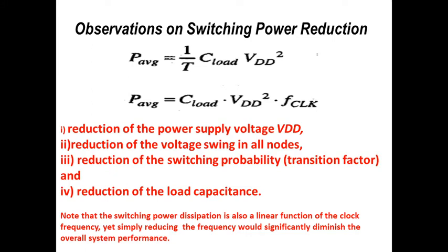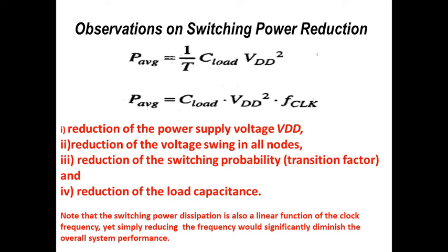Observing this equation, you can say that the power dissipation is directly proportional to the load capacitance. It is directly proportional to the square of the supply voltage. It is directly proportional to the frequency of the applied input signal. So if you think about reducing power dissipation, definitely the first thing is that I will decrease the supply voltage, because it is the square of the supply voltage.